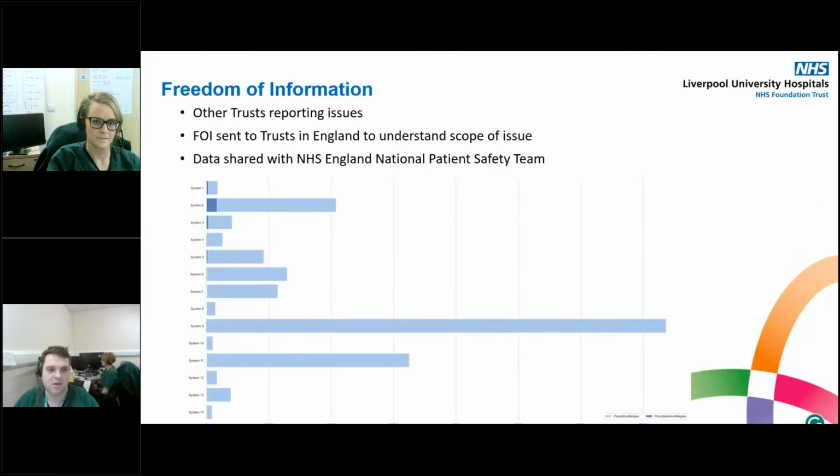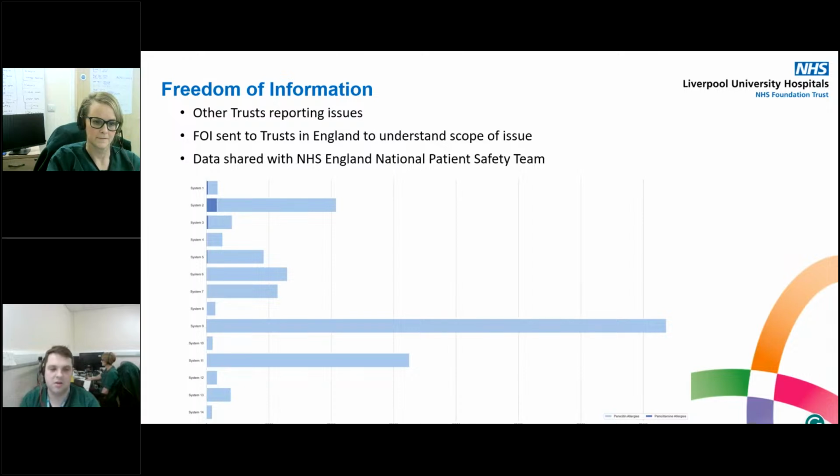So one thing we decided to do to get a bit of a scope of the issue, and sorry if this came across everyone's desks who's on the call, but we sent a freedom of information request to a lot of the trusts in England just to get an idea of how many problems everyone was having. Are people seeing the same issues that we're seeing? So we asked mostly how many penicillamine allergies have you had recorded in the last 12 months?